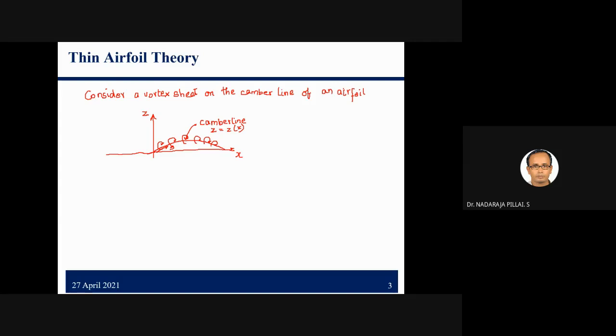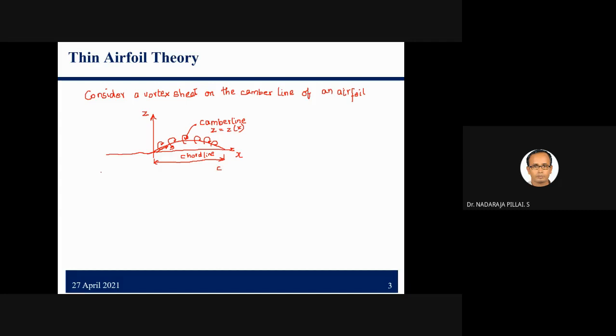And if this is the camber line, then one can say that this is the chord line. So the total distance is C.